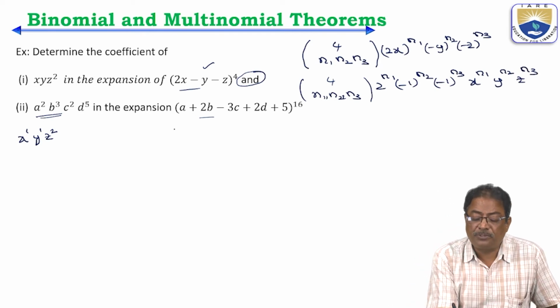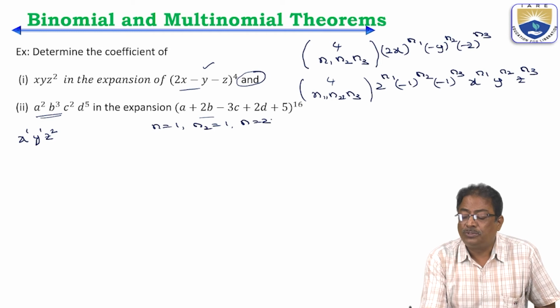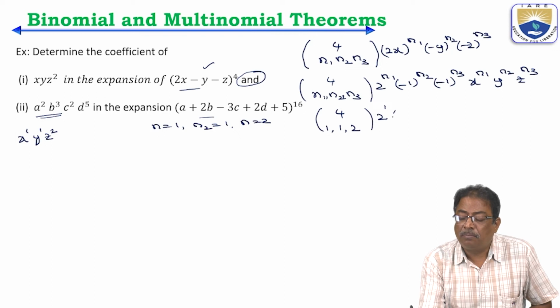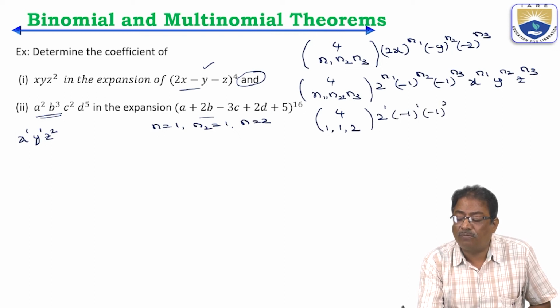Now I am going to substitute n1 equals 1, n2 equals 1, n3 equals 2. So finally we get 4, 1, 1, 2. Then this is 2 to the power of 1, minus 1 to the power of 1, minus 1 to the power of 2, x to the power of 1, y to the power of 1, z square.